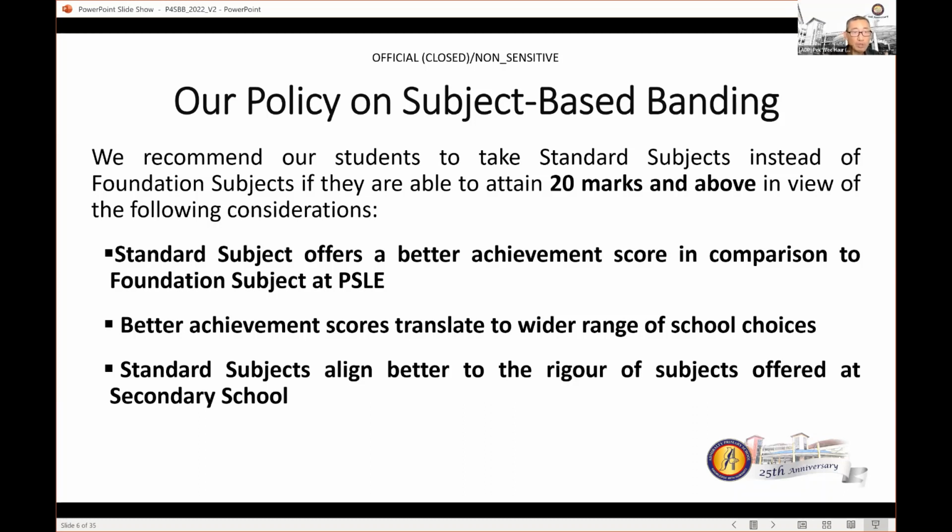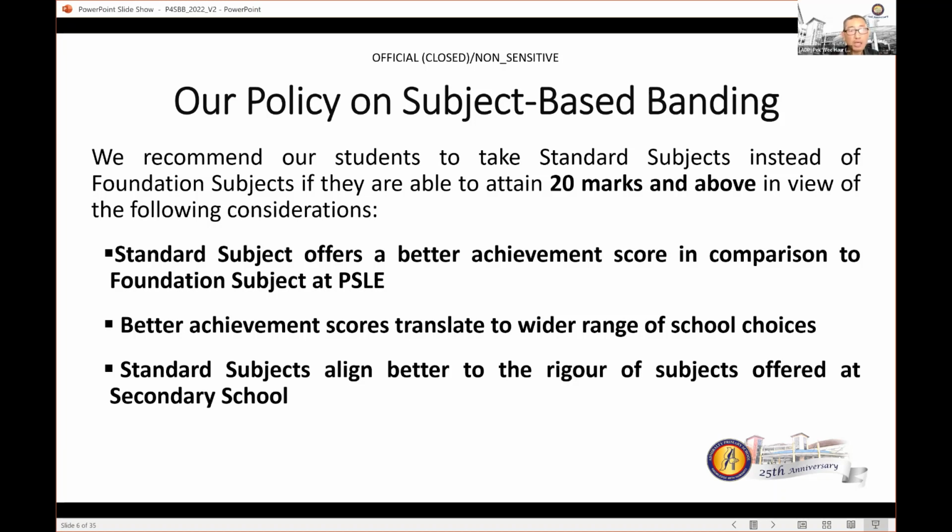All right, so if the child is able to take standard subject, then there is a chance that if the child can do well in the standard subject, then the child has the potential of scoring better than AL6, maybe AL5, AL4, AL3, and so on. Now, with better achievement scores, that would also translate to a better total AL score for them, which all of us know is the score that the student will use for their entry to secondary schools.